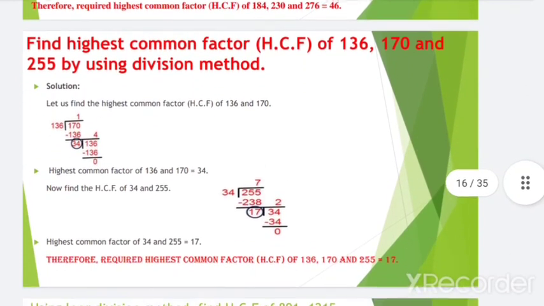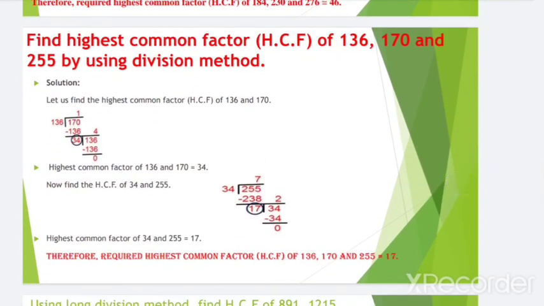Find the HCF of 136, 170 and 255 using the division method. So children, let us take any 2 numbers. Suppose we find the HCF of 136 and 170, and we see on the screen 34 is the HCF of 136 and 170. Now children, the third number is 255, and the HCF of the first 2 numbers is 34.